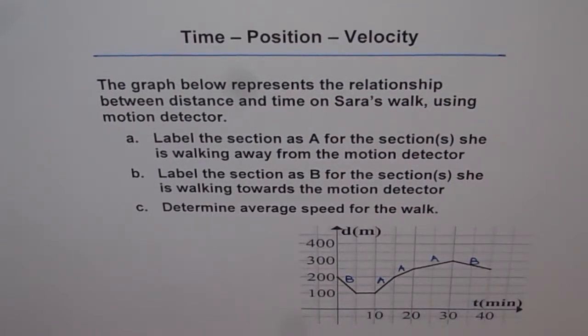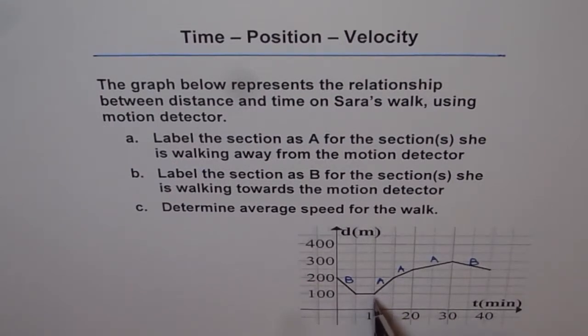Negative slope also signifies negative velocity, as the distances are positive, and it shows approaching. Positive slope from 10 minutes to 30 minutes shows that Sarah is walking away from the detector, right?